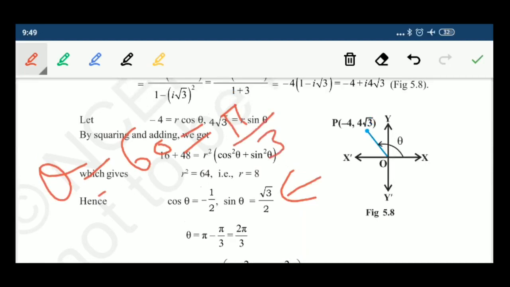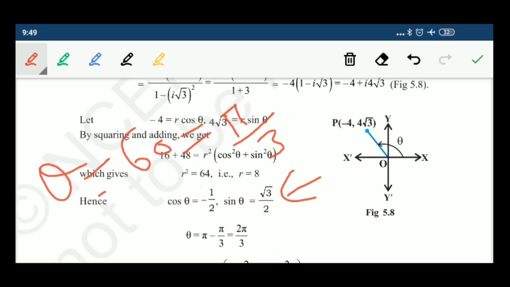And again we will use that table. I have told you we will use that table when our argument lies in the second quadrant.